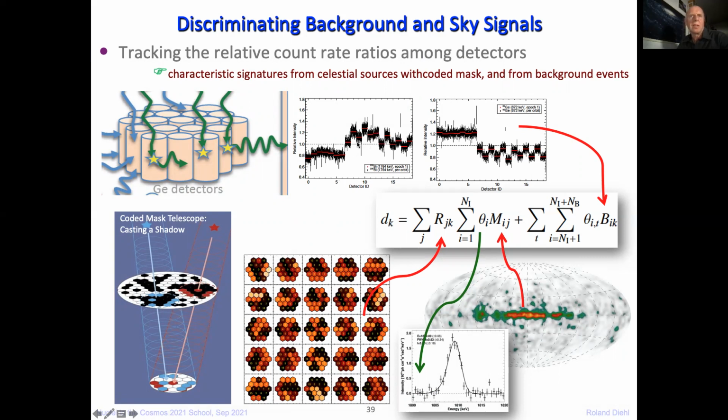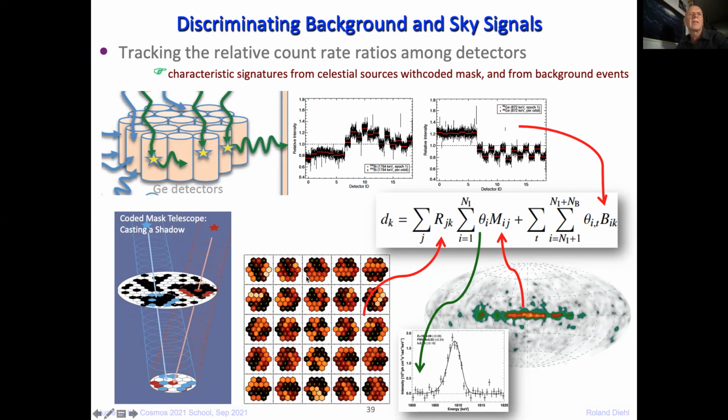In the case of this example here, a bismuth line, you see that the inner detectors, the ones in the center here, are shielded from the outer irradiation source, and that's why they are counting fewer counts in bismuth that comes from the anticoincidence that surrounds the instrument. And in this case, you see germanium. This is a background line from germanium that is higher in intensity in the inner detectors because those are surrounded by germanium detectors all around. The outer detectors are not. And so you see nicely you have characteristic signatures from the background.